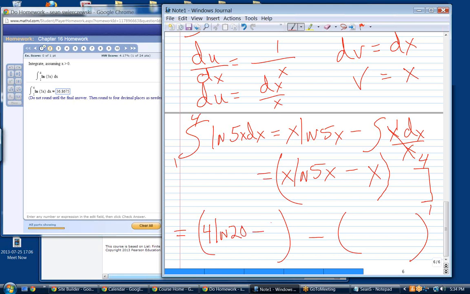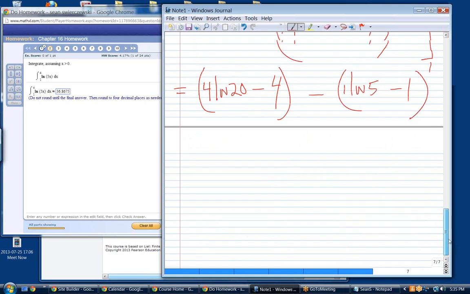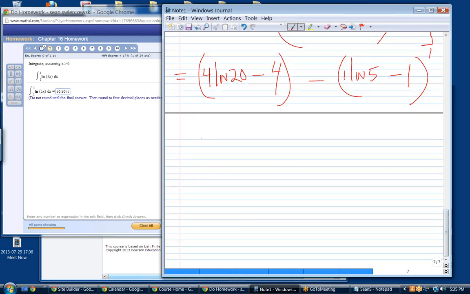Okay, so it's 7 point. Hold on, let's fill it out first. Before we start converting it to decimal, let's fill the whole thing out. So it's 4 natural log of 20 minus what? 4. Okay. Minus what? 1 natural log 5 minus 1. Okay. Now, I think that's an important step. If you try to get ahead of yourself, you're just asking for trouble.